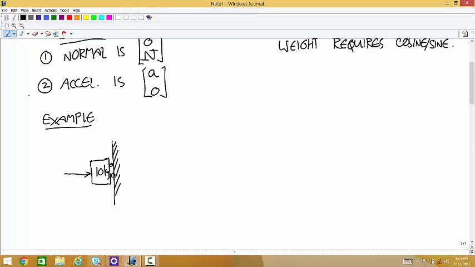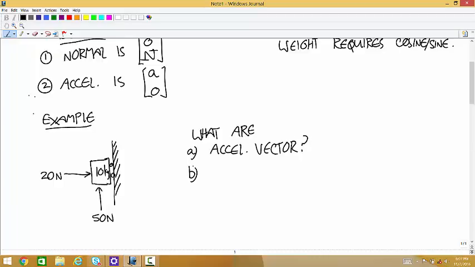And let's say there's a force going this way of 20 newtons and a force going this way of 50 newtons. And we want to know, what is the acceleration as a vector? And second, what's the force vector applied to the cart by the wall?